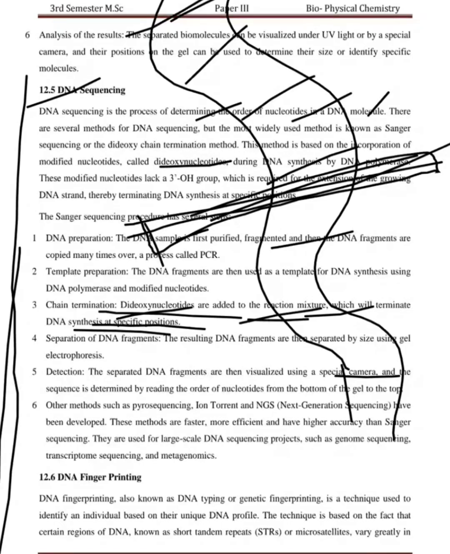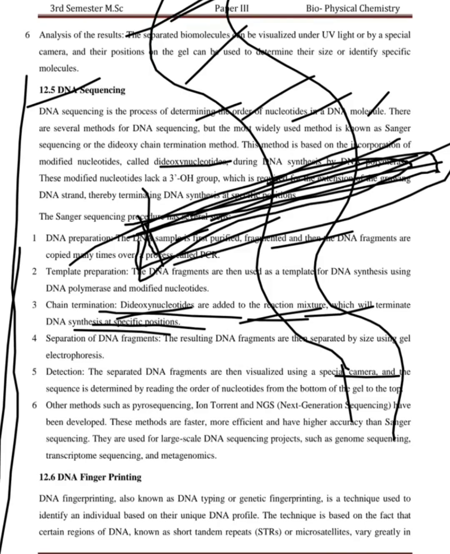Then comes separation of DNA fragments. The resulting fragments are then separated by size using gel electrophoresis. Whatever DNA synthesis or sequencing is done, it is nothing but adding of nucleotides. As we keep adding nucleotides, that is what DNA polymerization or sequencing is.